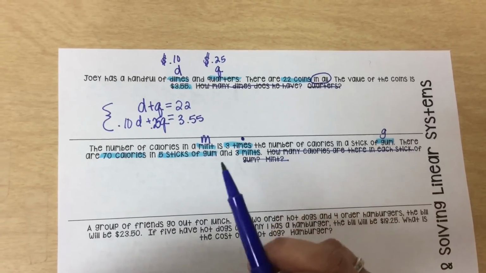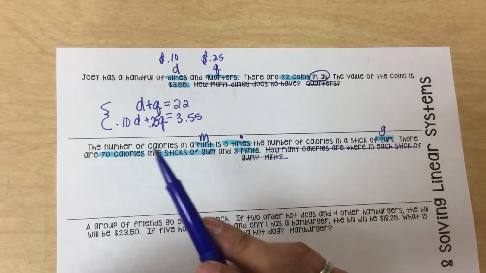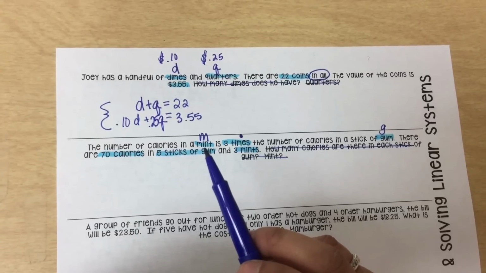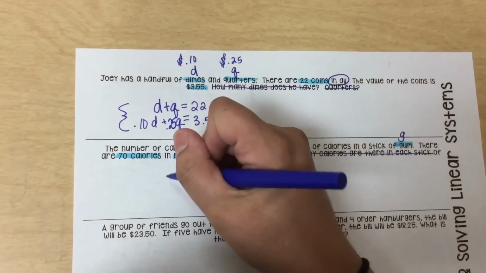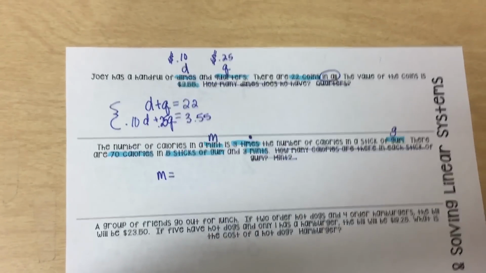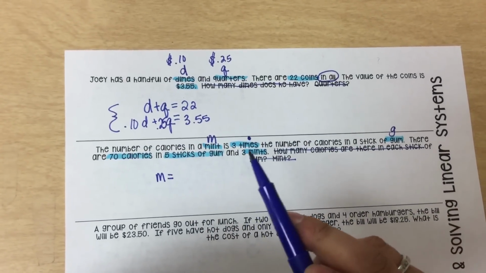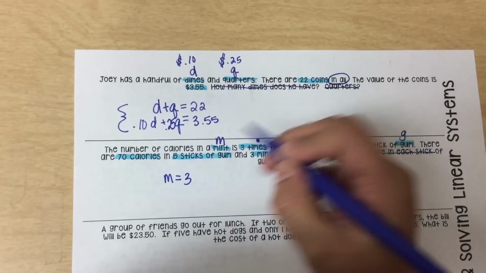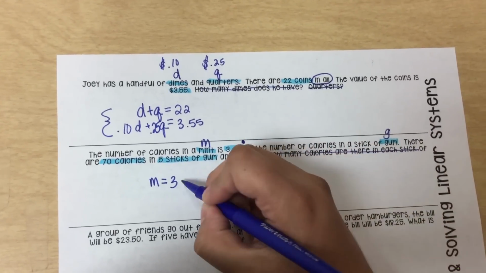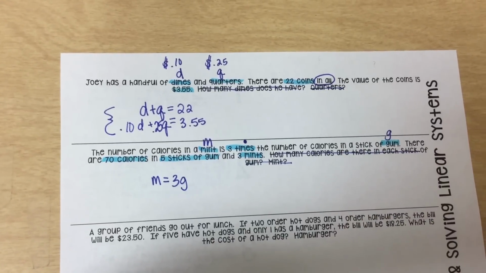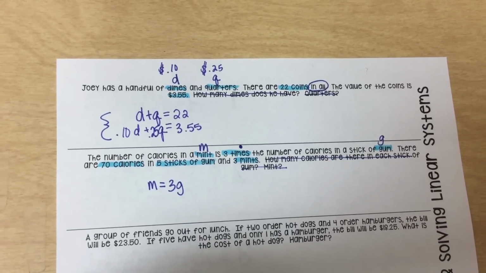Let's start writing. The number of calories in a mint is, right there, "is" tells you that it is M equals 3 times the number of calories in a stick of gum. So 3 times each gum. There's your first equation.